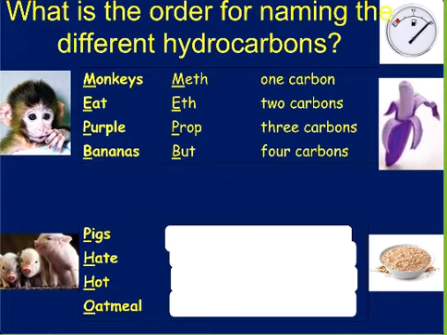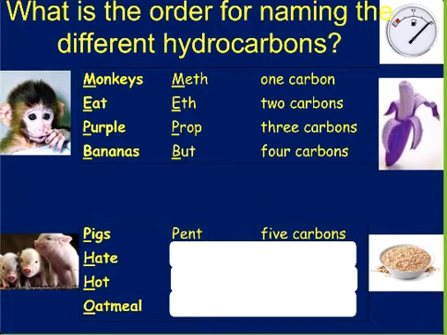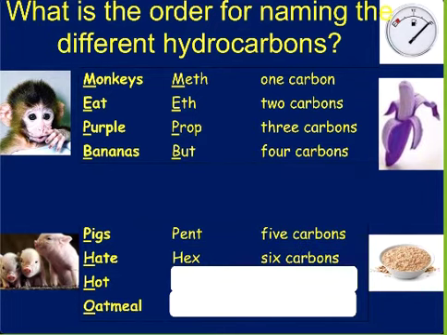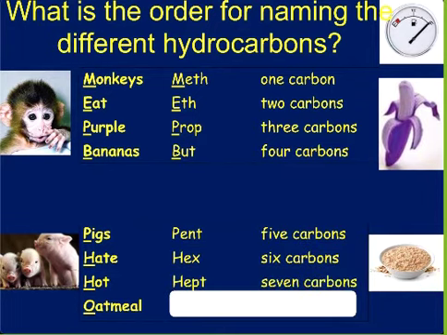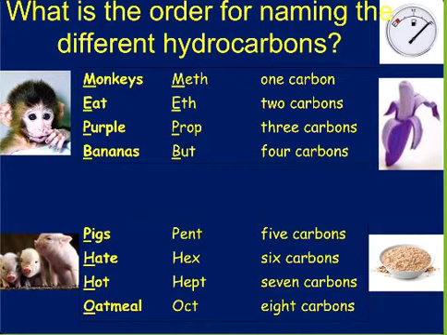So today we're going to do the alkanes. Alkanes end in ane, so a but would be a butane, which is what we're going to learn today. Then 5 carbons is pent, 6 is hex, 7 is hept, and 8 is oct.